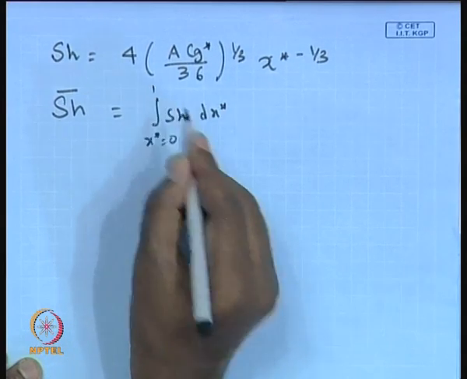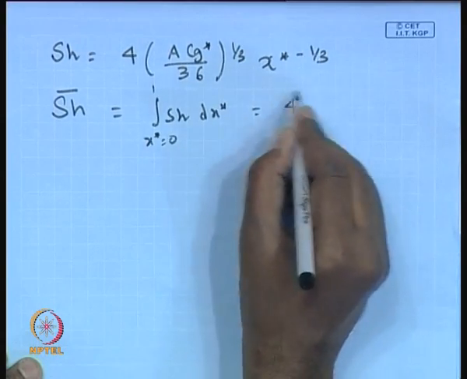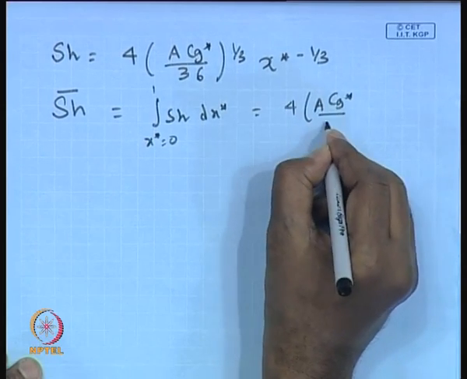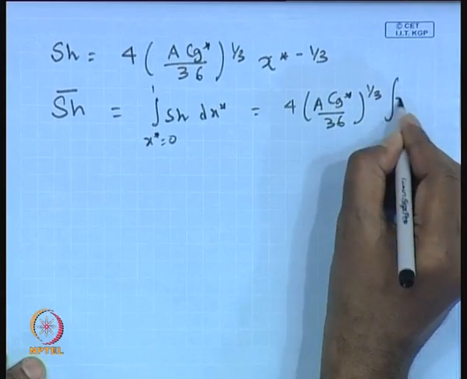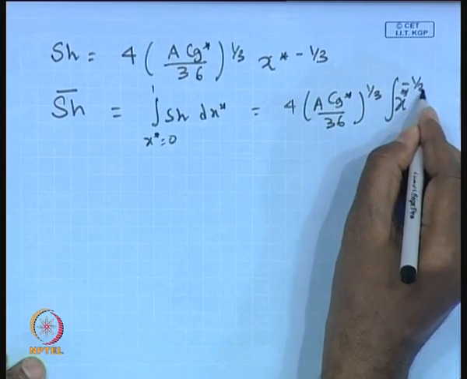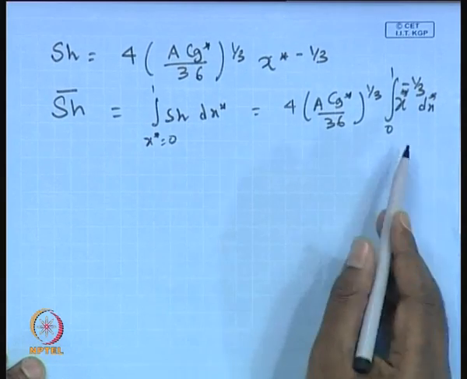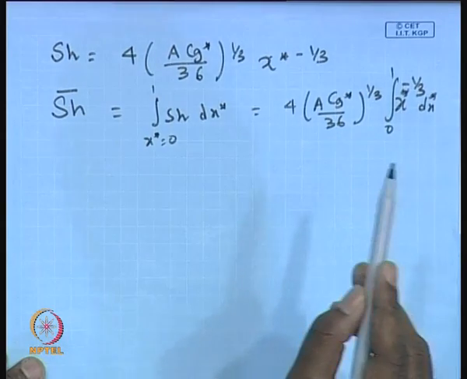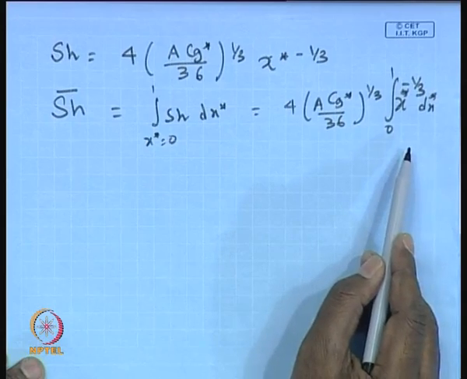Okay. Let us put the value. So, it becomes 4 and all these things will be constant. 4 A C_g star divided by 36 raised to the power 1 upon 3, it becomes x star to the power minus 1 upon 3 dx star from 0 to 1. So, its integration will be x to the power minus 1 upon 3 plus 1 divided by minus 1 upon 3 plus 1, so 2 by 3.